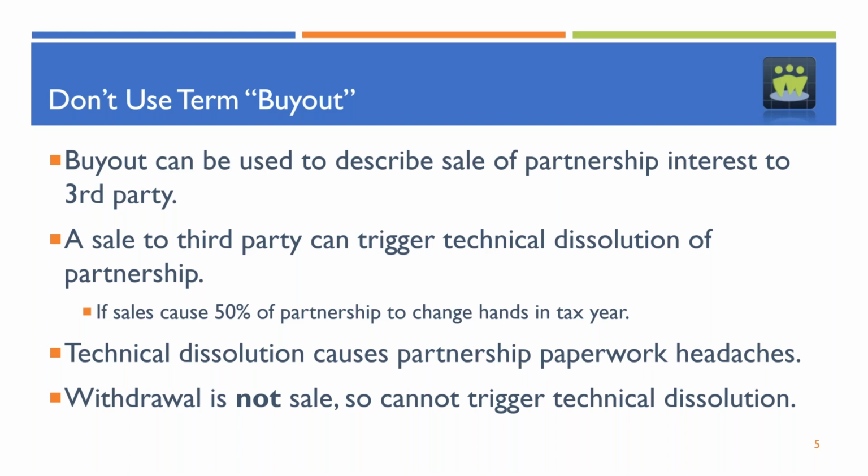We'll go over how to make sure you don't do that. The nice thing is, if you process a withdrawal, it is not considered a sale, so it cannot trigger this technical dissolution of the partnership. And it's usually not a problem because you have to sell at least 50% of the partnership to do that. That doesn't happen very often, but if you can avoid even the possibility, that's a good thing.